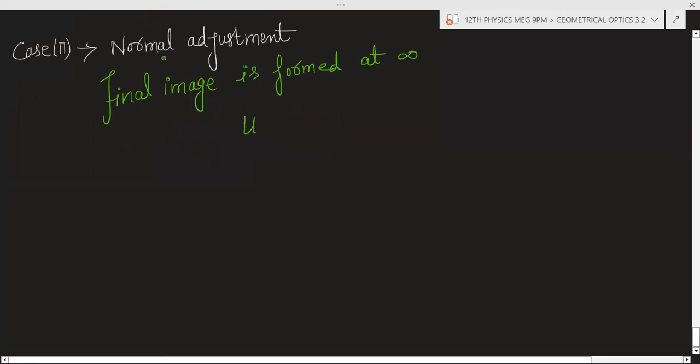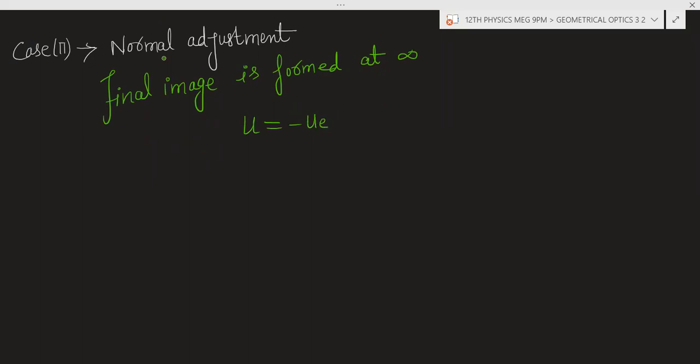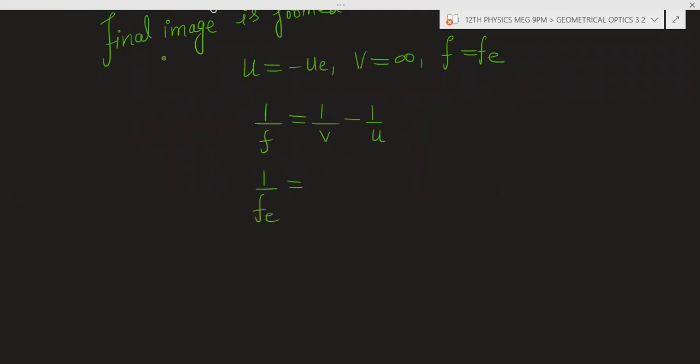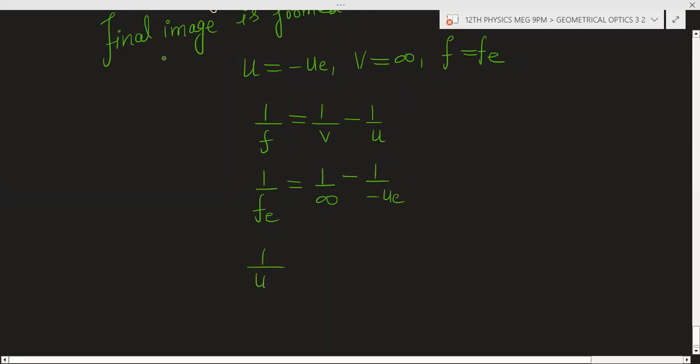So the object distance will remain the same, that is minus UE, but the image distance will be infinity, and the focal length of the eyepiece will be the focal length of the eyepiece. So you can apply 1 upon f is equal to 1 upon v minus 1 upon u. So it will be 1 upon fe, equal to 1 upon infinity minus 1 upon minus ue. So 1 upon ue we will get as 1 upon fe.